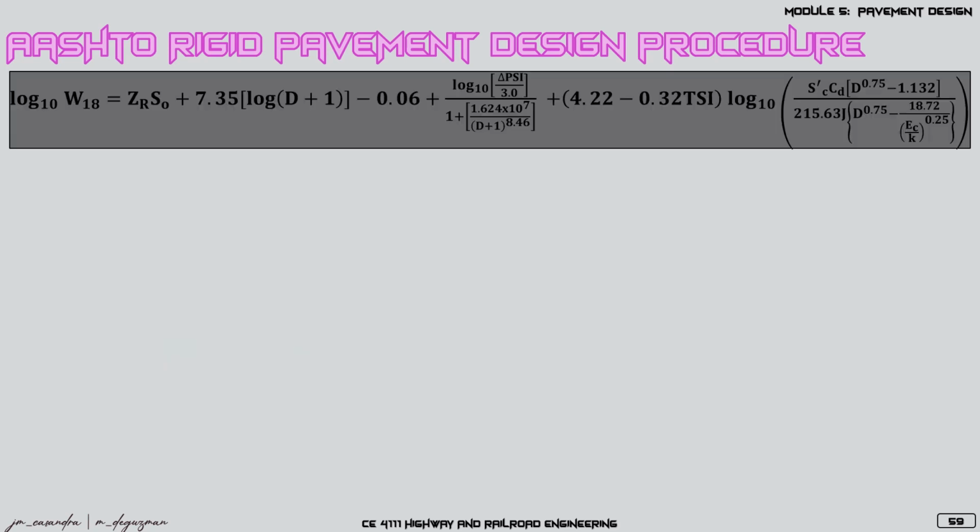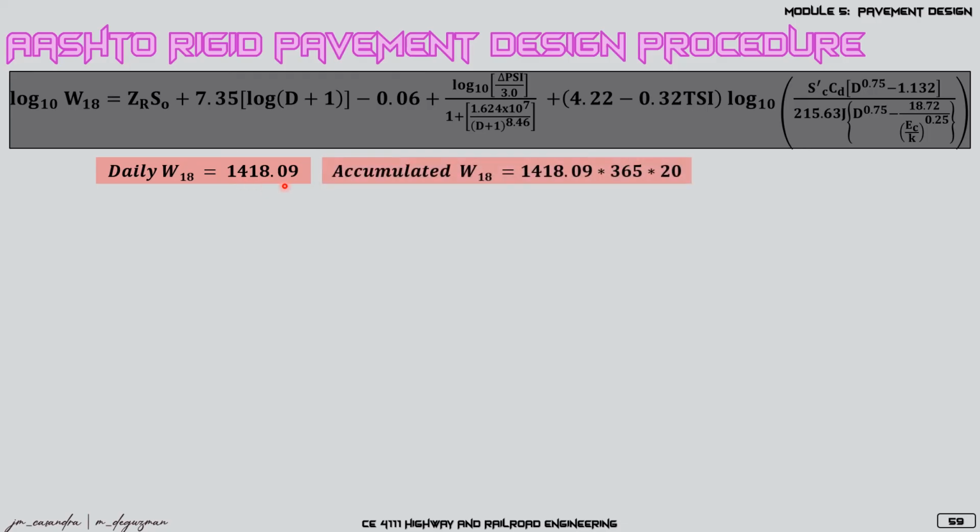So same process, we will now be using the rigid pavement design equation. We have to solve first for the accumulated traffic using our daily W18 by simply multiplying it by 365 and the design life of 20, which will give us 10,352,057.